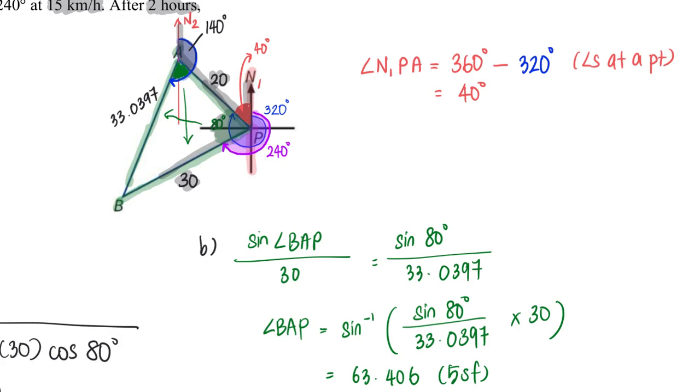I will then also indicate the angle north 2 AP, the black color one, is 180 degrees minus my 40 degrees, because this is interior angles of parallel lines.